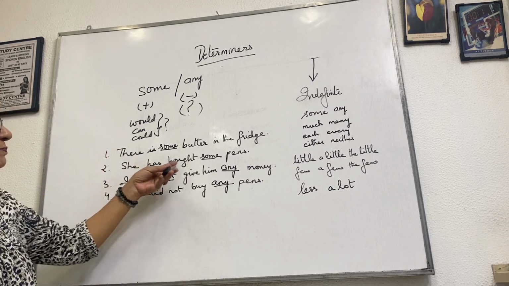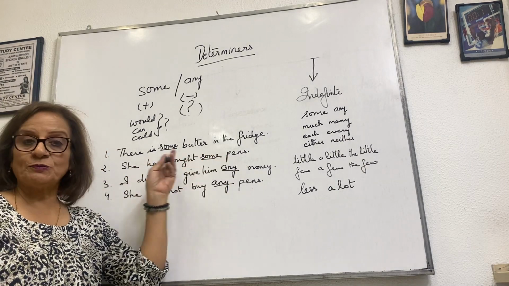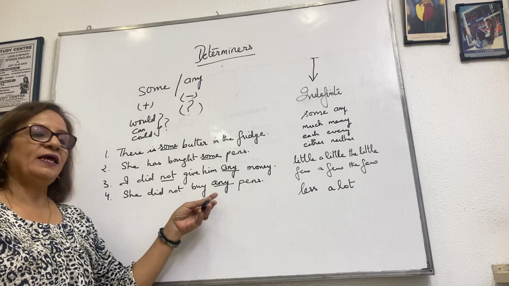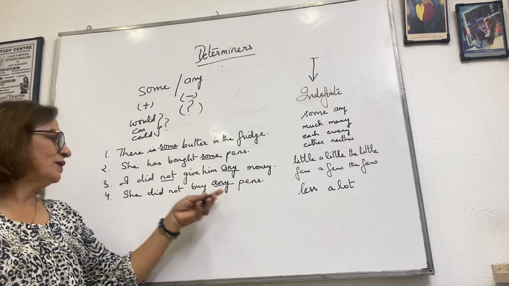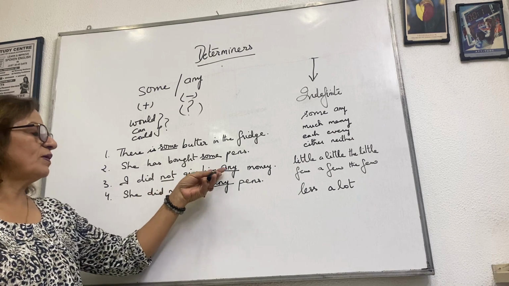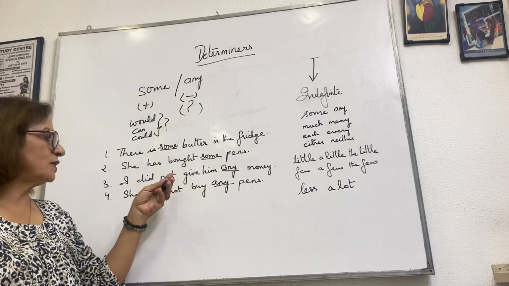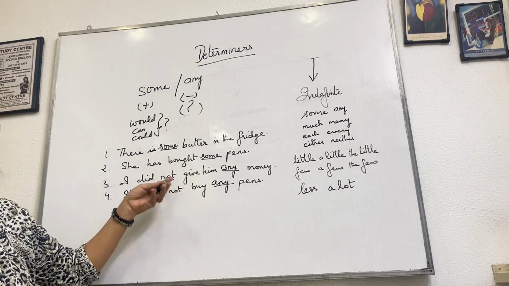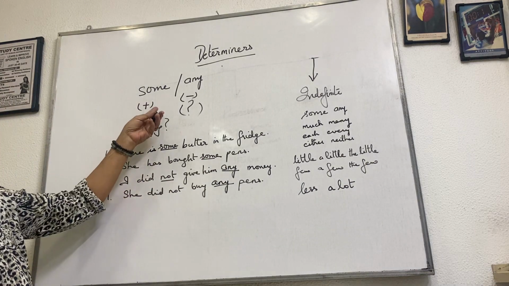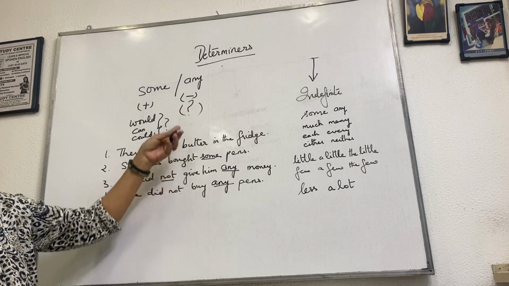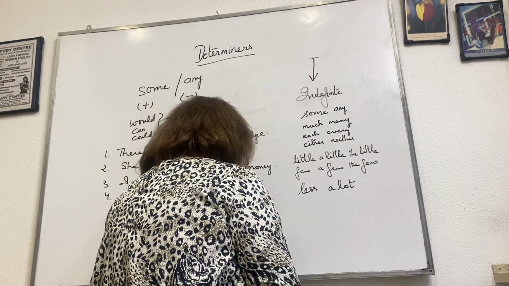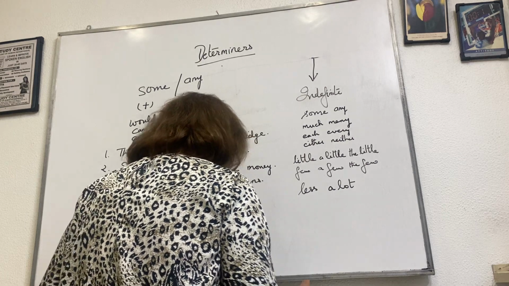Here she has bought some pens because it was positive. Here it is negative. She did not buy any pens. I did not give him any money because again it is not, negative. So the first rule is that if it is positive, then we use some. If it is negative, we use any. Now take another one in a question.